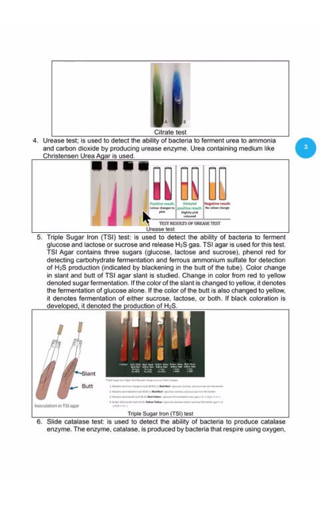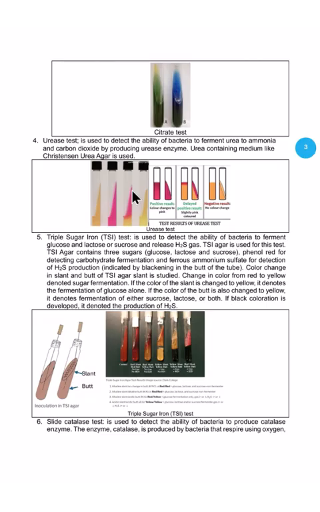Usually the medium color is yellow, because the medium itself has a pH indicator. So if the urease enzyme is found in the bacteria, it hydrolyzes the urea in the medium and changes the urea into ammonia and carbon dioxide. So once it is changed into ammonia, then the pH of the medium changes to be alkaline, and the medium changes from yellow color into red.